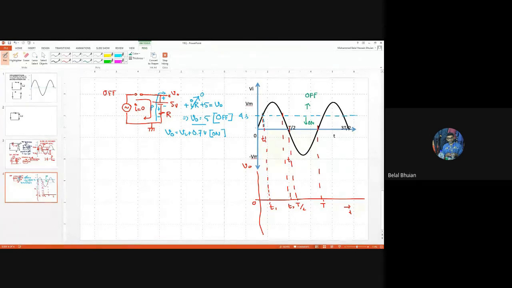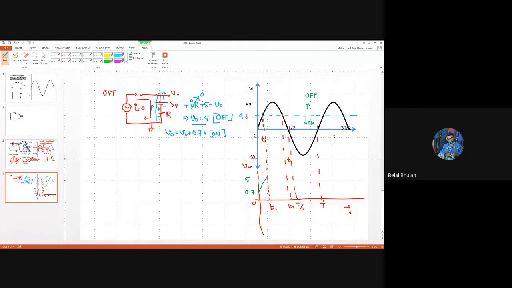If I add 0.7 to 0, I find 0.7, and adding 0.7 to 4.3, I find 5. So now this shape and this shape must be the same, so we simply copy and paste.